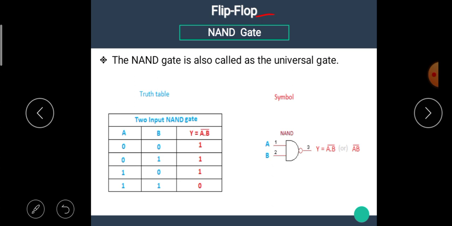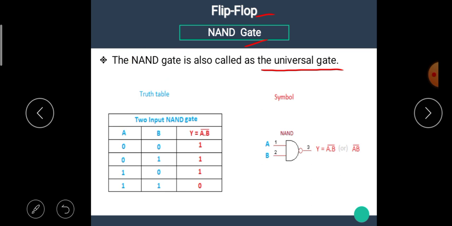Before going to see what is flip-flop or what are the types of flip-flop, we have to see the NAND gate first. The NAND gate is also called the universal gate, and in the previous semester we became familiar with this NAND gate. We already studied that, but let's see once again.